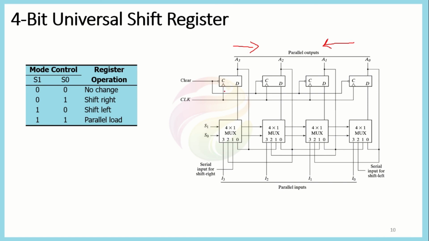So in this way, what we have done here is that we have used a simple circuit of a serial transfer register, and we have manipulated the inputs of each of the flip-flops in a way that it could behave with various different kinds of functionality depending upon what kind of mode we have selected from this table.